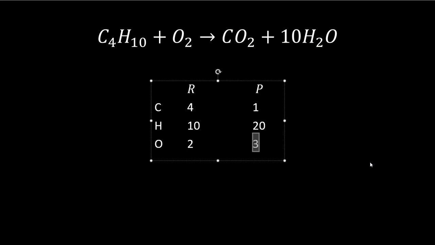We're going to save oxygen for last when we balance combustion reactions, usually no matter what. But what's important now is no matter what, we have an even number of oxygen, because anything we put in front of CO2 will still give us an even number of oxygen. So we're not going to balance oxygen until last.